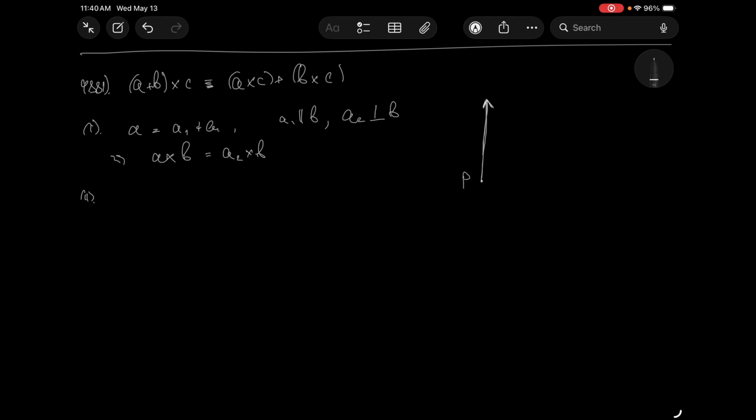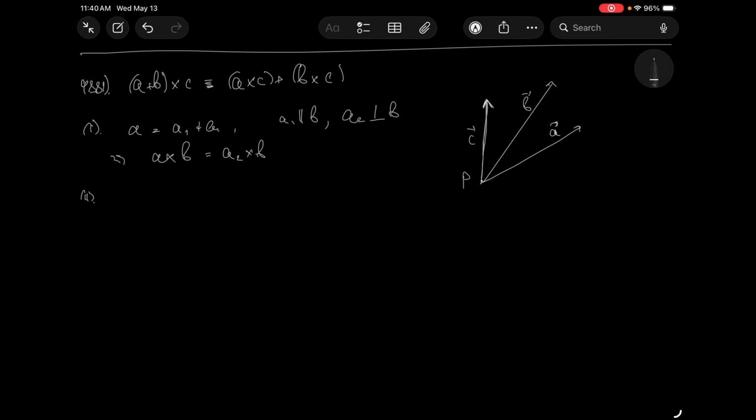Let's call this vector C. And then we have two more vectors, vector A and vector B. Let me make B a little bit longer, like this. All right, this is the vector B. I'm going to add some arrows here. And then vector A.